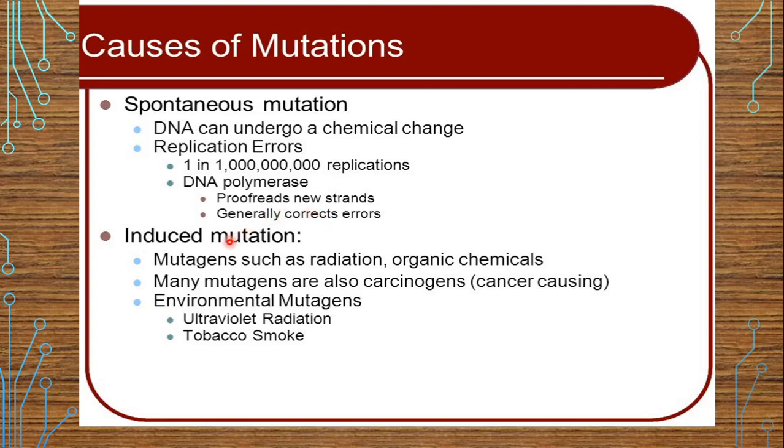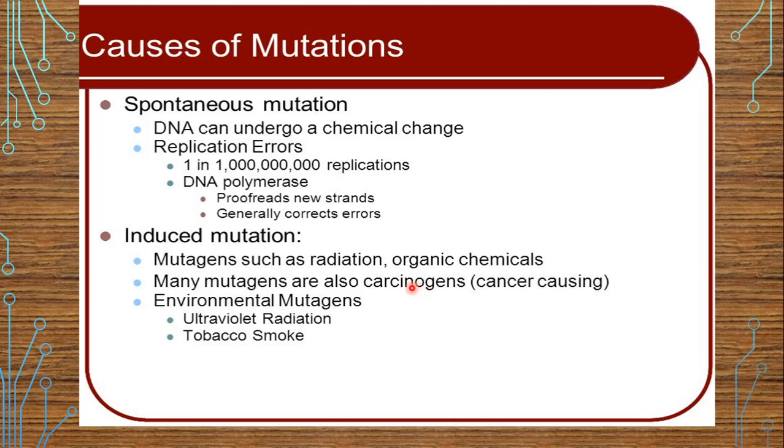Induced mutation is of more common occurrence, which is due to some agents referred to as mutagens. Mutagens are agents that cause mutation. The agents may be in the form of radiations, or some chemicals, and some mutagens are also carcinogens, cancer causing.